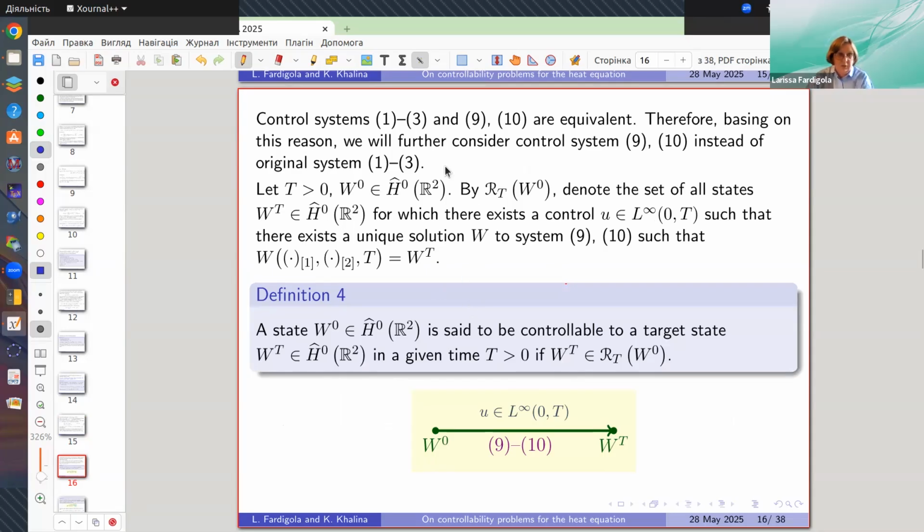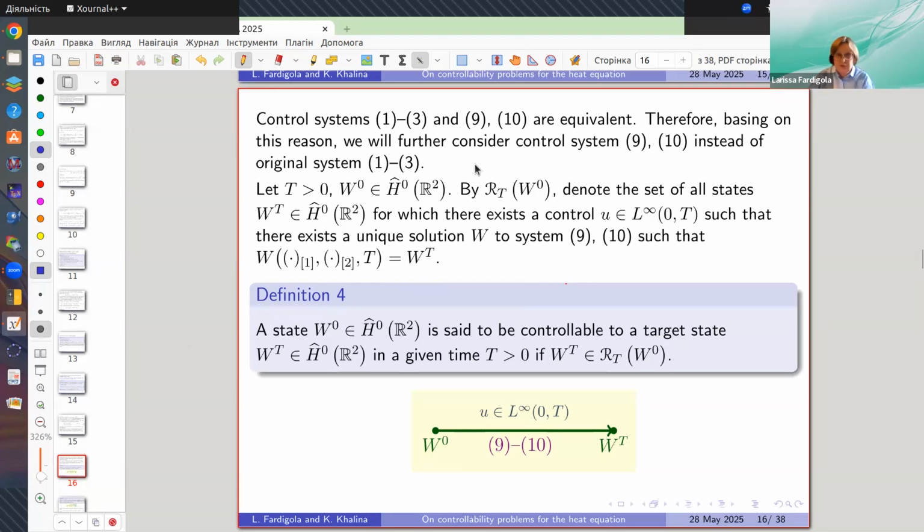First of all, for t greater than 0 and w0 from h hat 0 of R squared, denote by Rt of w0 the set of states wt from the same space for which there exists a control u in L infinity of 0, t such that there exists a unique solution to system 9, 10, our new system, such that the end state of our solution equals wt.